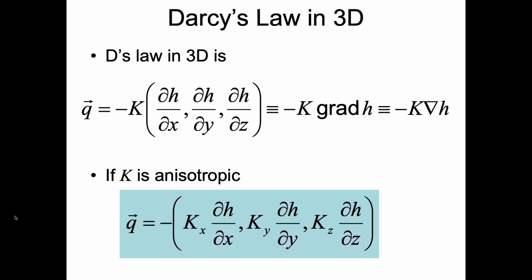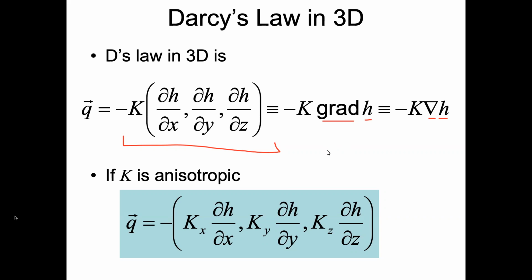It's possible to denote this in multiple ways. You may see it written in this manner. You may also see that this gradient becomes the gradient of h, or you may see it denoted by an upside down triangle and h, also indicating gradient. So here's another symbol we can use for gradient. Each of these equations means exactly the same thing.